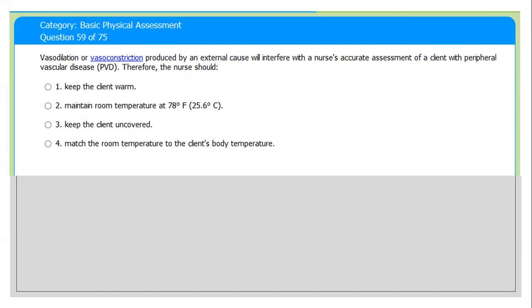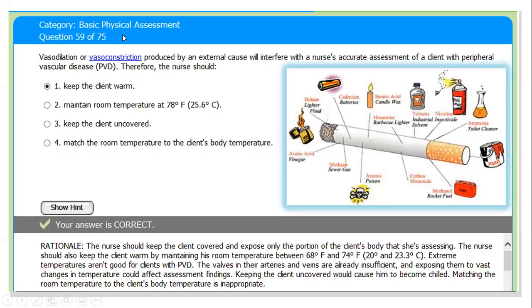If it affects the heart, we call it cardiovascular disease. If it attacks the brain, we call it cerebrovascular disease. But if it is outside the heart or brain, we call it PVD, peripheral vascular disease, right? So the correct answer here is keep the client warm.